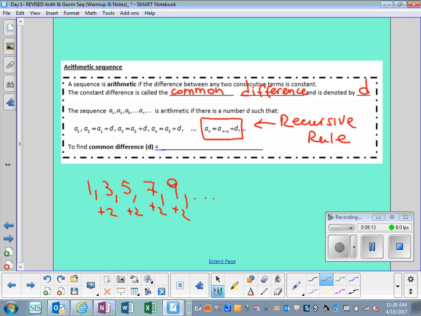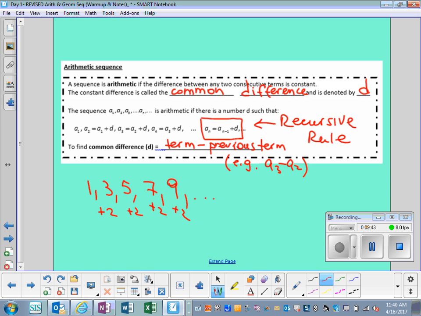So how do I find the common difference looking at my sequence? I need to find the difference, so I take one term minus the previous term. For example, I can take A3 minus A2, or A5 minus A4, or A10 minus A9.